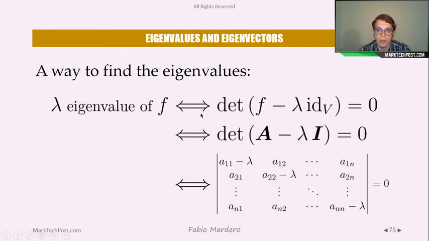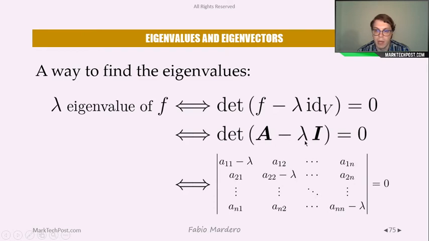Of course, this expression can also be written using the transformation matrix and the identity matrix. The determinant can be expressed using the usual notation, and since the identity matrix has ones only on the diagonal and 0 elsewhere, lambda multiplies only the diagonal terms.